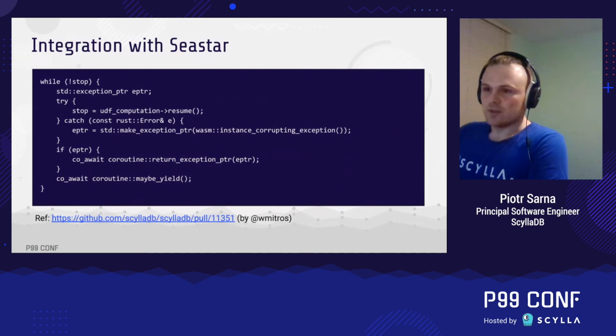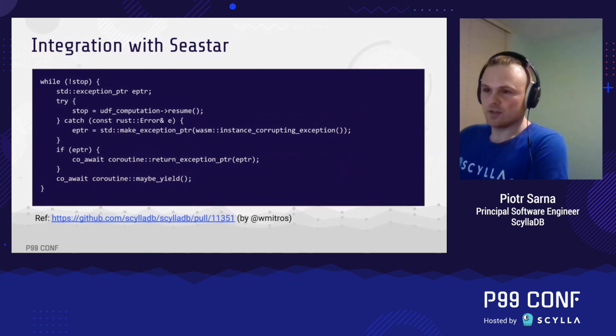And the next step in integrating our new Rust code with the Seastar-based core of ScyllaDB is writing this very simple runtime I mentioned a few slides before. It has some extra lines compared to the original pseudocode, but this is actual working Seastar code capable of running the linked Rust machinery, which computes the user-defined function written in WebAssembly.